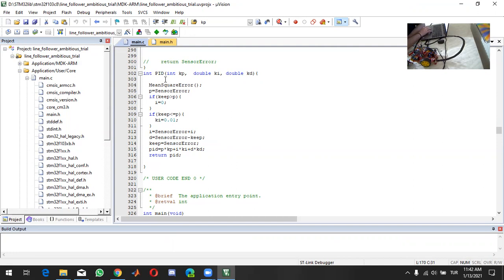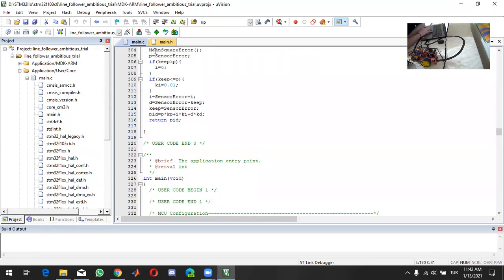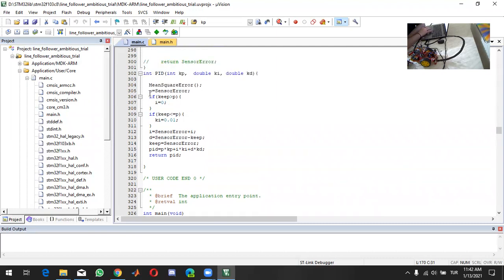And we should calculate the PID. So I get the sensor values from here and it returns one sensor error, and this sensor error will be equal to my proportional, because it's just a proportional thing. So I just multiply this proportional value by a coefficient, nothing more.